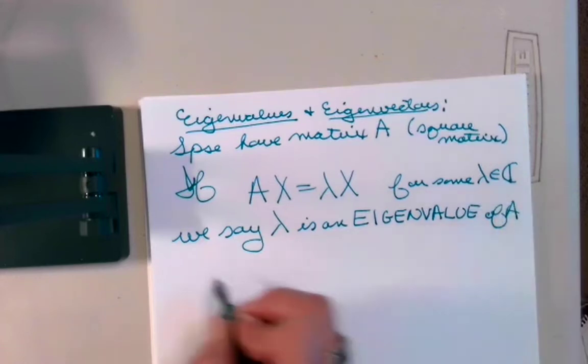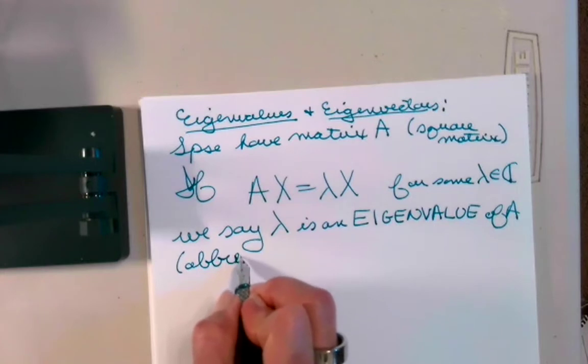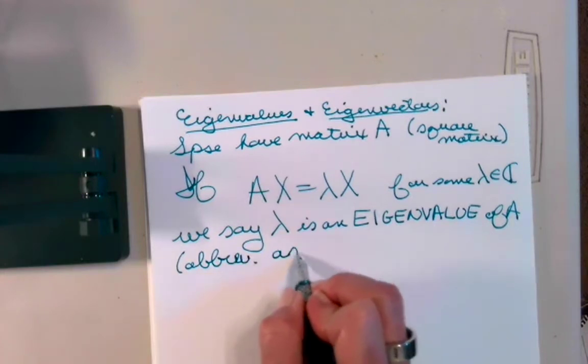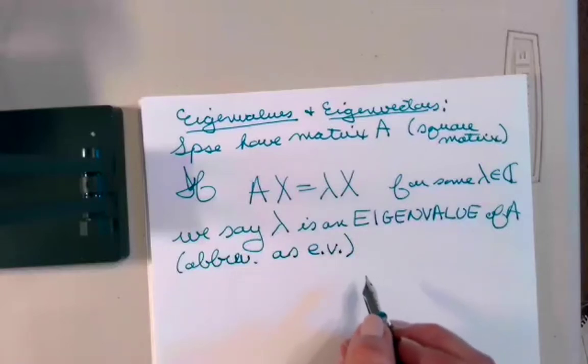I abbreviate eigenvalue from now on as EV. So EV means eigenvalue for me.